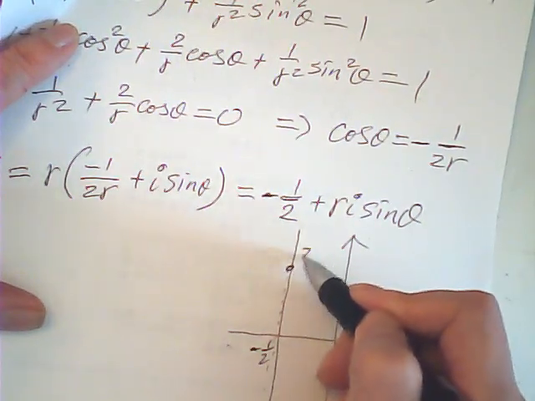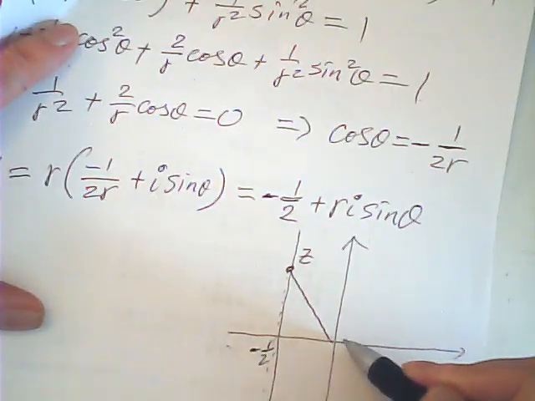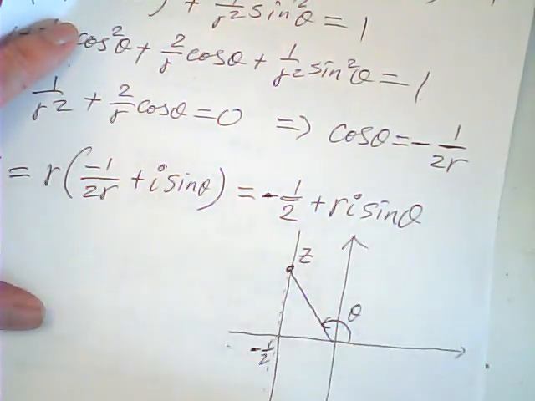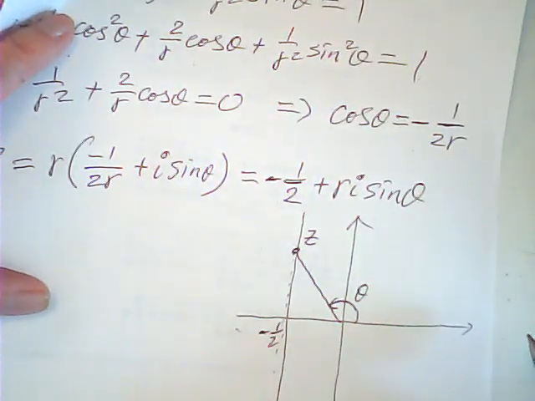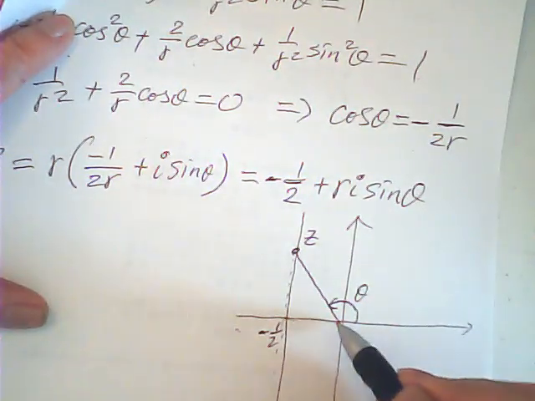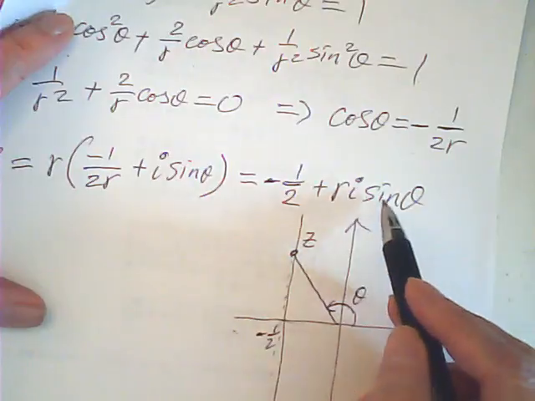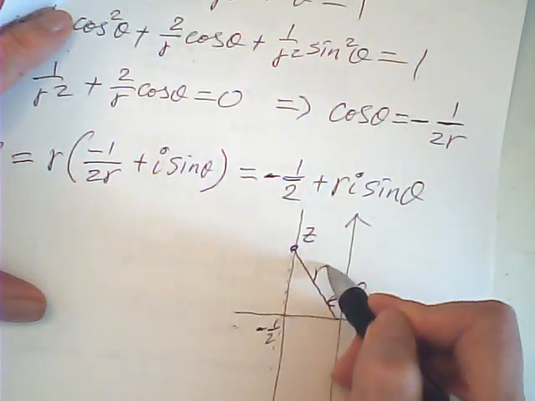This is z. And this will be the argument, right? Theta. This is the argument for z. And this is minus half. Therefore, this one is r times sine theta. This is r, right?